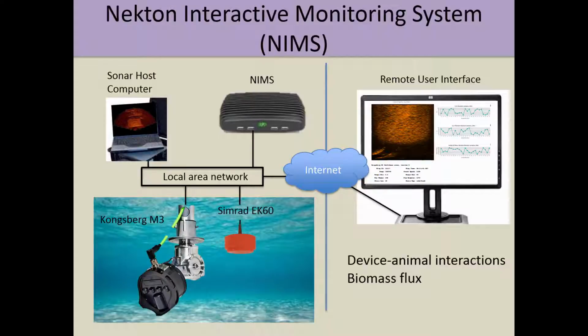We can register it as an event, therefore we can start recording raw data, metric values, and then also produce standard reports that may go back to the regulatory agency, to the operator, for further analysis or documentation at least of some sort of impact. That impact may require operational modifications or even mitigation, depending on how the monitoring plan has been set up. So there are two things that it focuses on: the device-animal interactions and the biomass flux.